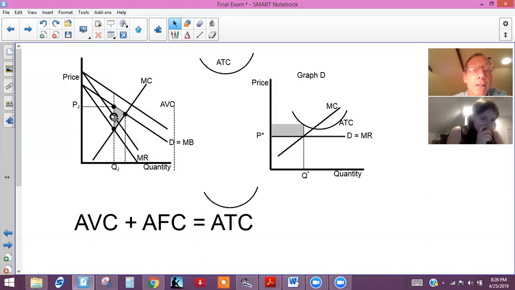If all they do is stay at QJ, what I'll call QJ, and go straight up to the new higher demand, then the new marginal revenue curve is above marginal cost. The old one was equal, right? But the new one is above.